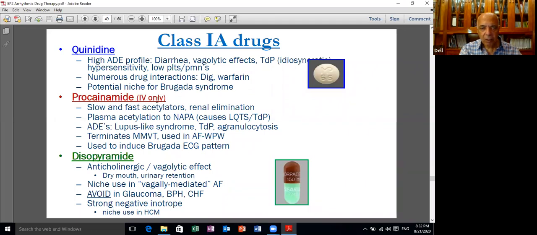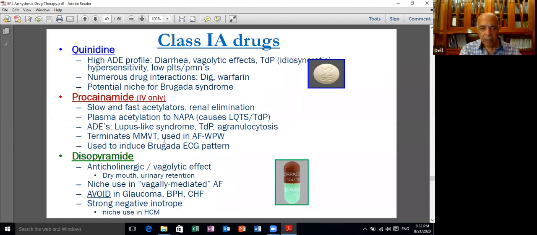Procainamide, again, is not present in the oral form. It's available only in the intravenous form, and it's not available in Egypt since a long time. Remember that there are slow acetylators and rapid acetylators, and acetylation will result in the production of NAPA, or N-acetyl procainamide, which has a class 3 effect, changes it from class 1A into class 3 effect, and consequently it blocks the potassium repolarization, prolongs the QT interval, and precipitates torsade de pointes.